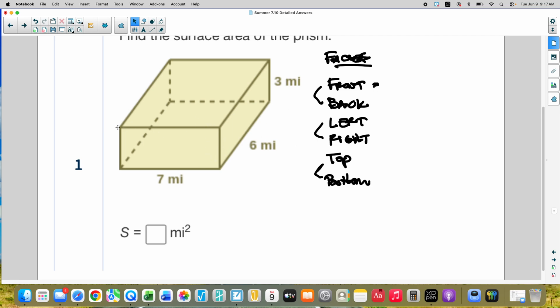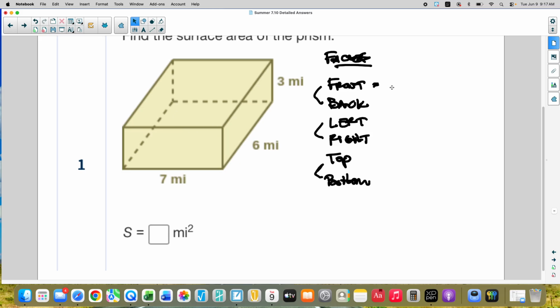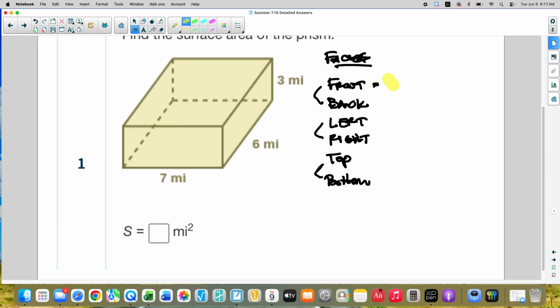So the front shape is a rectangle, so we're going to multiply 7 miles times 3 miles to get 21 miles squared. I know my back is congruent, so that is also 21 miles squared. My left: this is 6 and this is 3.